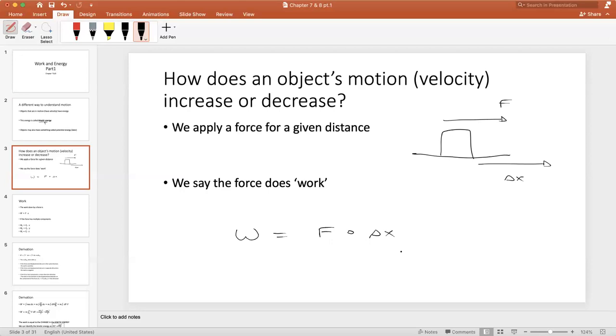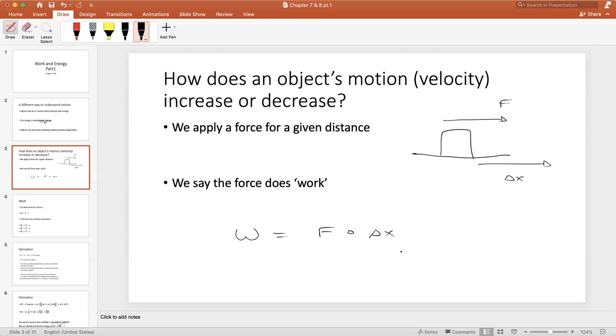Another way to think about this is you get in your car and you're stopped at a stoplight. You push on the accelerator, you put the accelerator to the floor, so the car moves at constant acceleration. And you hold the gas down while you travel 100 meters.